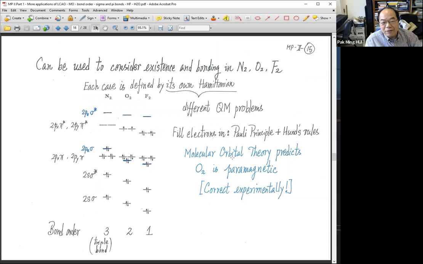So here, when you consider oxygen, all of these are paired up. Okay, we talk about angular momentum in the atomic physics part. So here we have a situation, we fill the electrons according to the Pauli exclusion principle and Hund's rule.